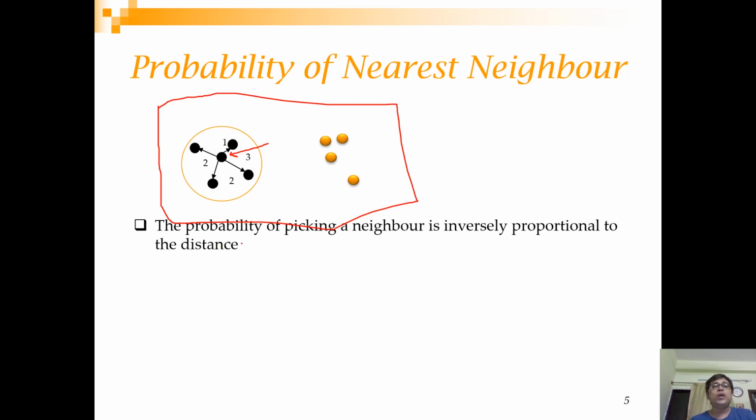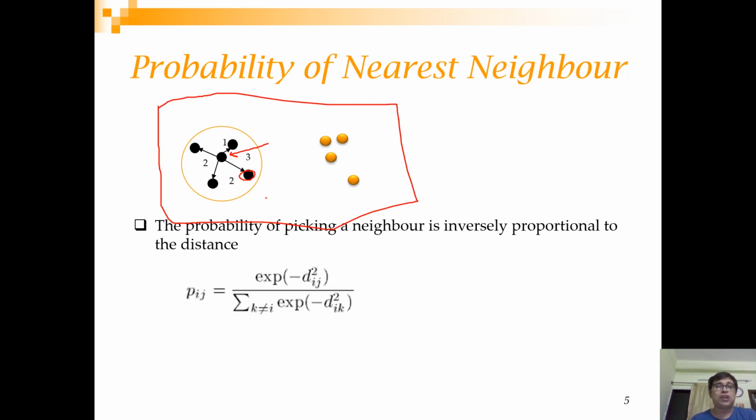I can first look at the probability of picking this neighbor. Let's say this neighbor has been picked for lower dimension. If this neighbor has been picked, what is the probability of this neighbor being picked? And you will agree that this should be an inverse function of the distance.